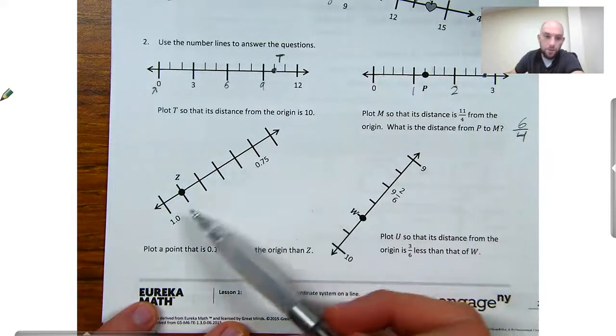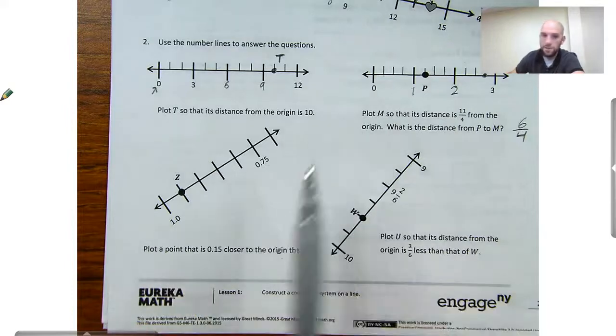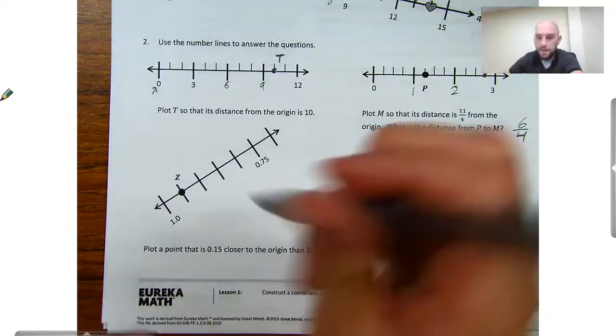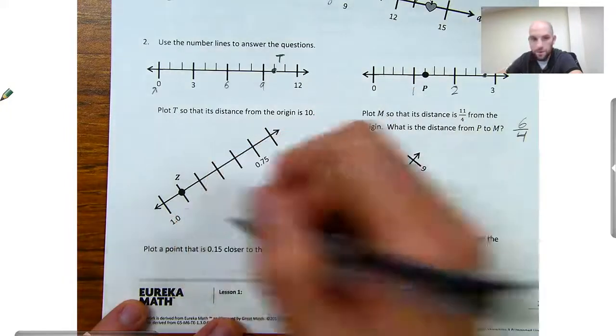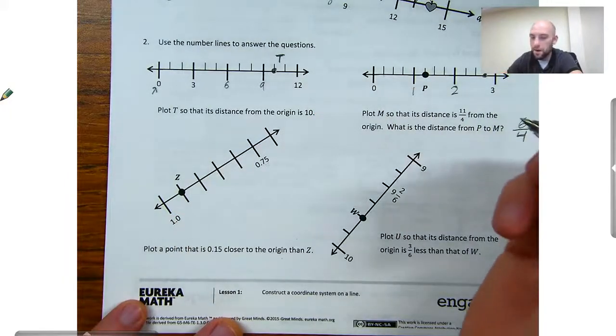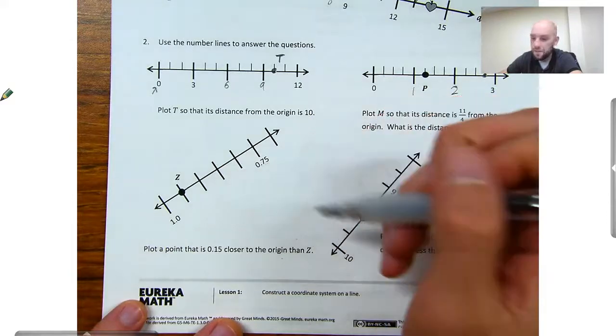It goes backwards. Instead of our origin being over here on the left, our origin is going to be somewhere over here to the right that we can't see. And we have 0.75 and 1.0. I'm going to think about this kind of like money. So I have 0.75, that's like 75 cents.